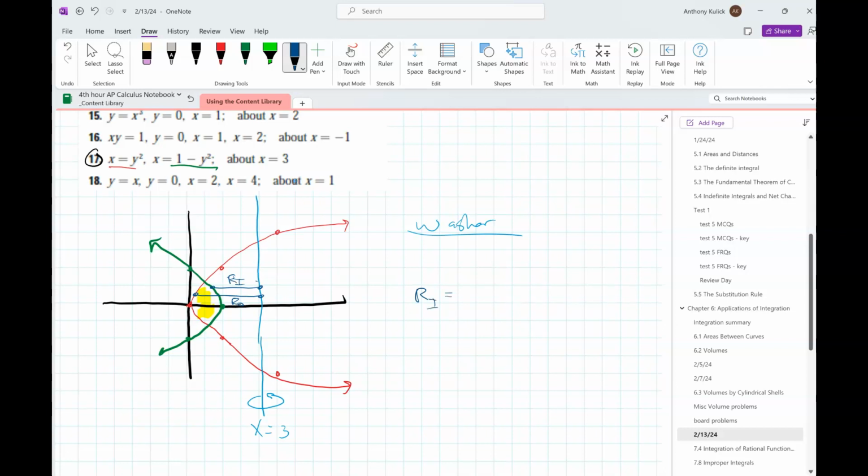So our inner is going to be equal to 3 minus the green x. Why is it 3 minus the green? Because it's on the green function. Look at where Ri goes to, right?